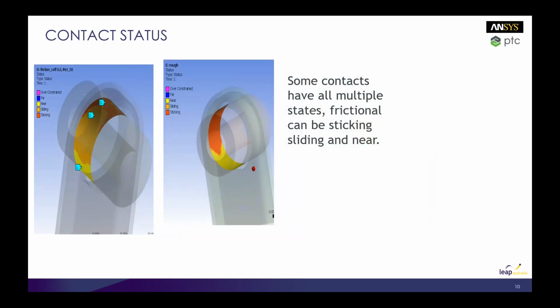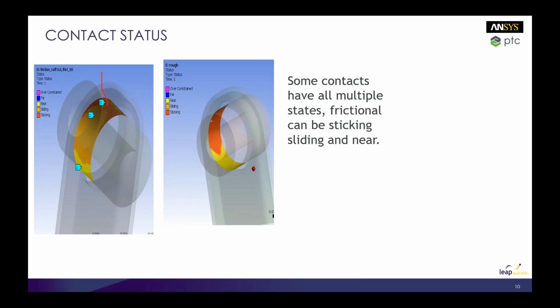With a frictional contact, we've got a friction coefficient. Up the top here, it can't slide, and it's closed and touching. On the sides, because the normal force is quite low, it's able to slide, and on the bottom, it's open where we've got a gap.